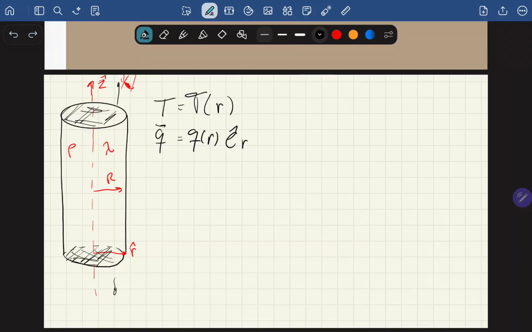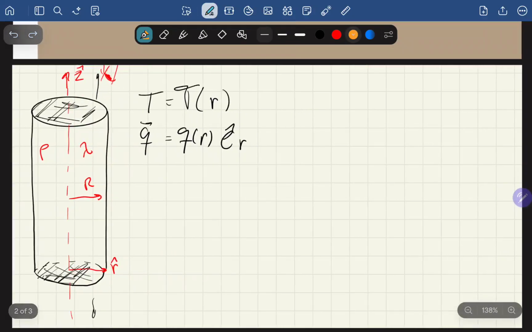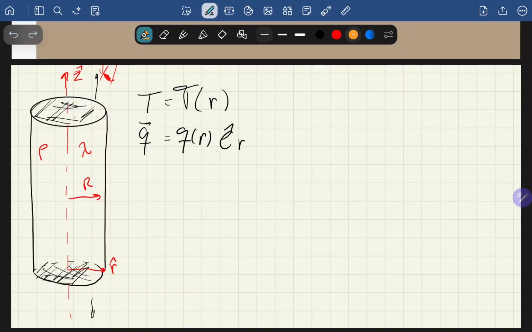Okay, so we defined our symmetries. Now we need to define a control volume. As I mentioned, if you see this from above, you're going to see a bunch of rings, lines with the same temperature, circumferences with the same temperature. So it will be fitting to have a control volume that resembles a ring.